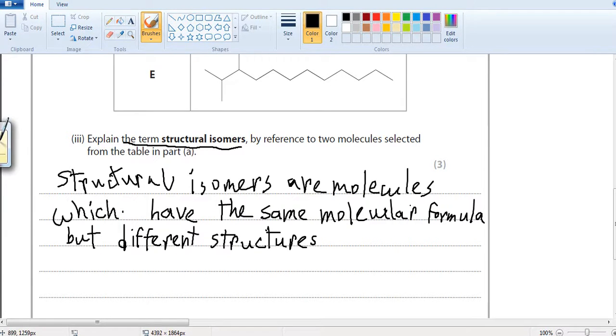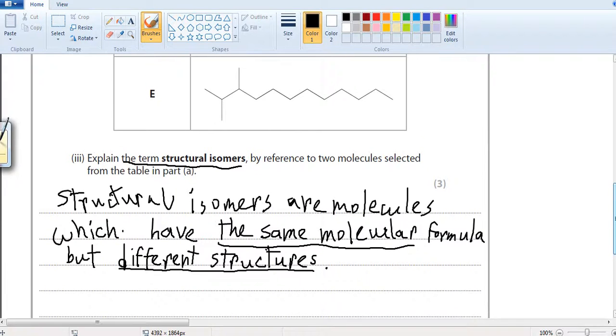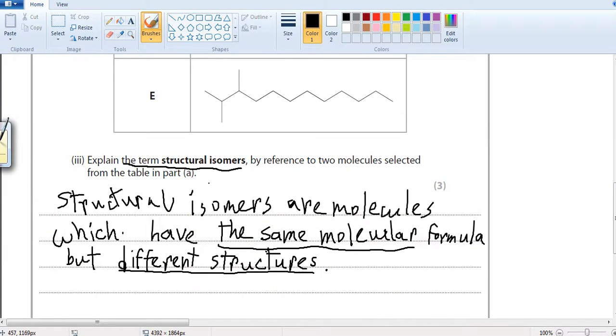Structural isomers are molecules which have the same molecular formula but different structures. So it has the same molecular formula but different structures. So this is the explanation of the term.